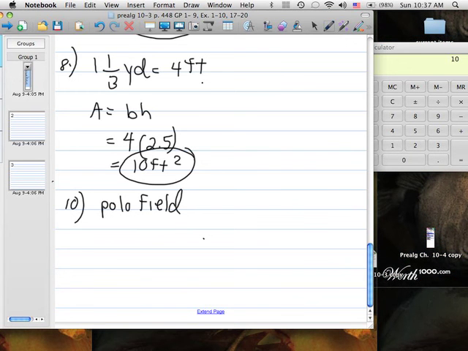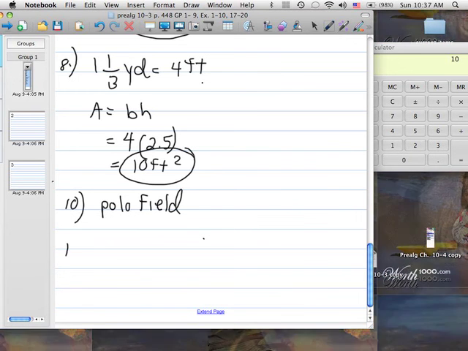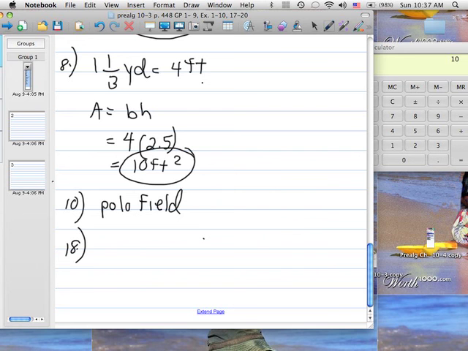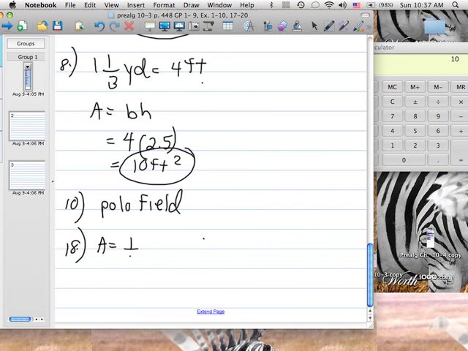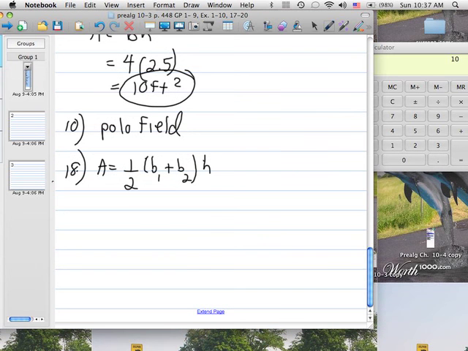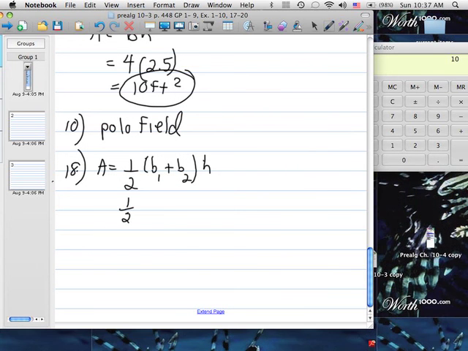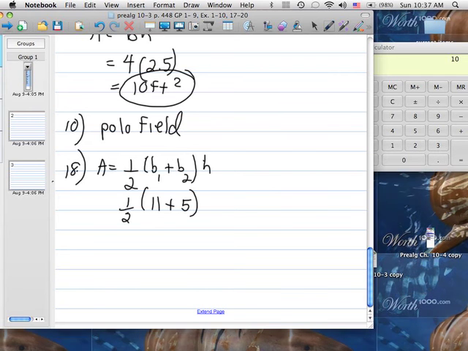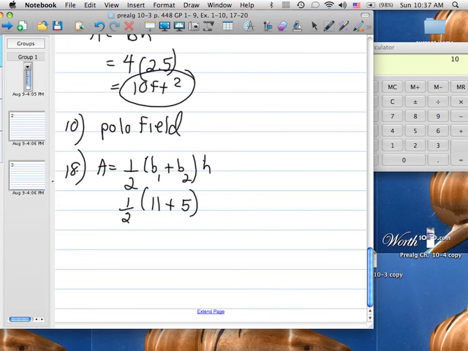And then numbers 17 through 20. Number 18, find the area of the trapezoid. Write the formula down. It's 1/2 base 1 plus base 2 times the height. And base 1, it doesn't matter which one you use, base 1 is 11, and base 2 is 5. Remember, they make the long base when you duplicate it and flip it over.